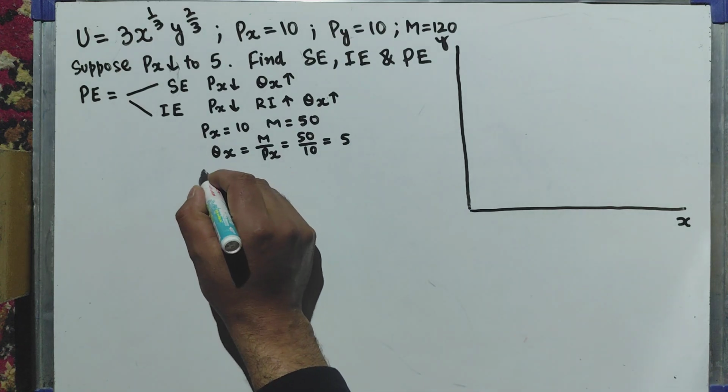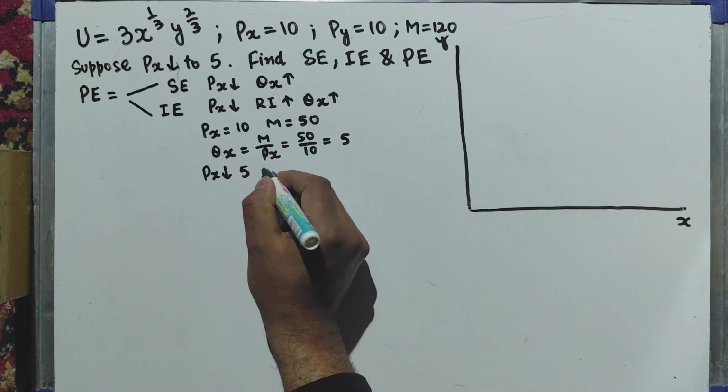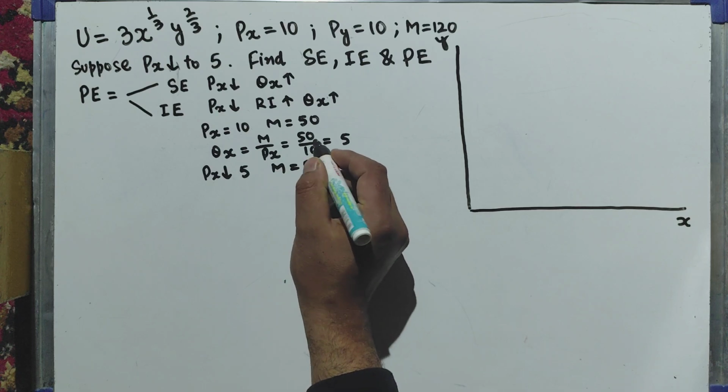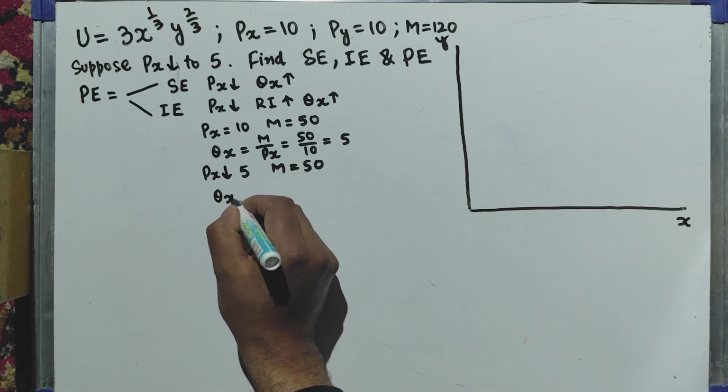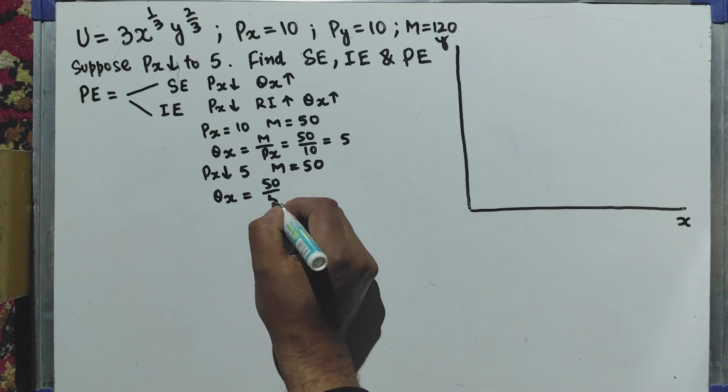Now let us suppose price of good X has decreased to $5. Income is the same, which is 50. Now what will be the quantity demanded of good X in this case? It will be equal to total income upon the price of good X, which is $5.